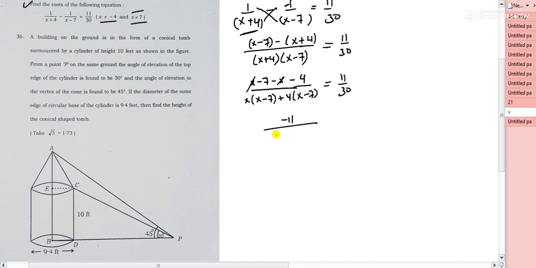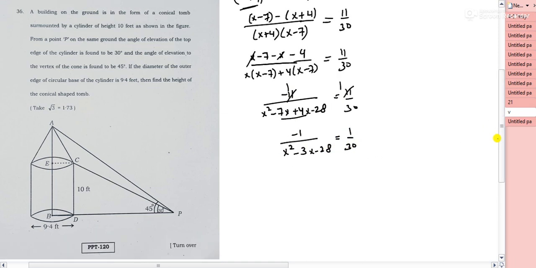Minus 11, divided by x square minus 7x plus 4x minus 28, which is equal to 11 by 30. If you see, both numerators have 11, so 11 ones are 11 ones. Here you'll get minus 1, so this becomes minus 1, which is x square minus 3x minus 28 equals to 1 by 30.